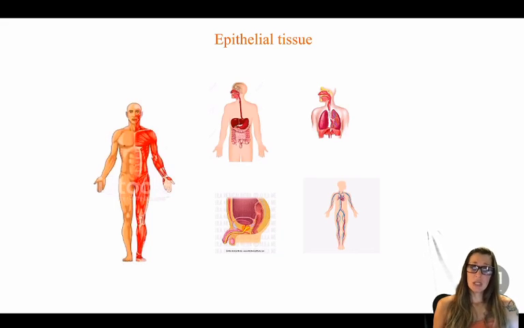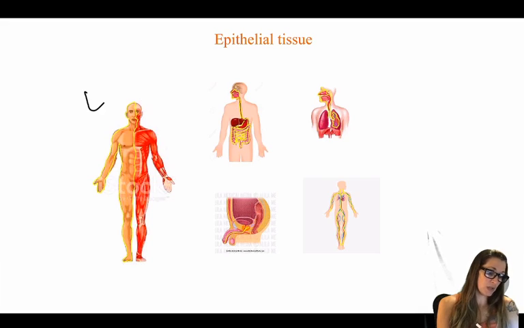Epithelial tissue is the first one that we're going to talk about, and the yellow line that's drawing around this body, as you're watching, is outlining the things that epithelial tissue covers. So all of these yellow lines are indicating epithelial tissue lining different structures. Epithelial tissue lines the exterior surface of the body.